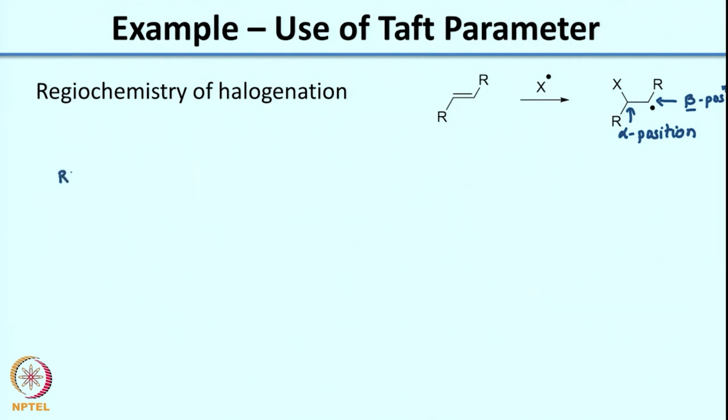So now if you have a terminal alkene and you are doing this reaction, you can have two possibilities, or we have done similar examples earlier. So you are looking at generating a primary versus a secondary radical.